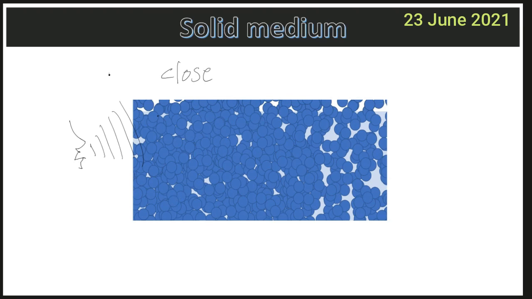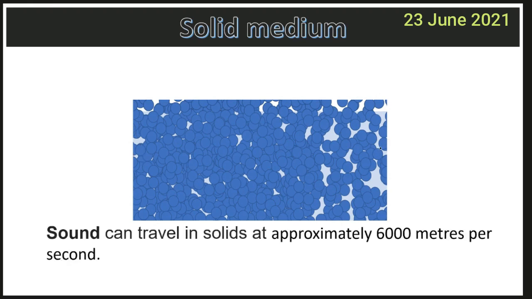And therefore, you tap here at one end, you can hear clearly here at another end. This sound will come immediately, and you will get a very clear sound. You must have played this in class. So sound comparatively is faster than in liquids and gases. So what is the speed here? Around 6,000 meters per second. Again, it depends on metal to metal.